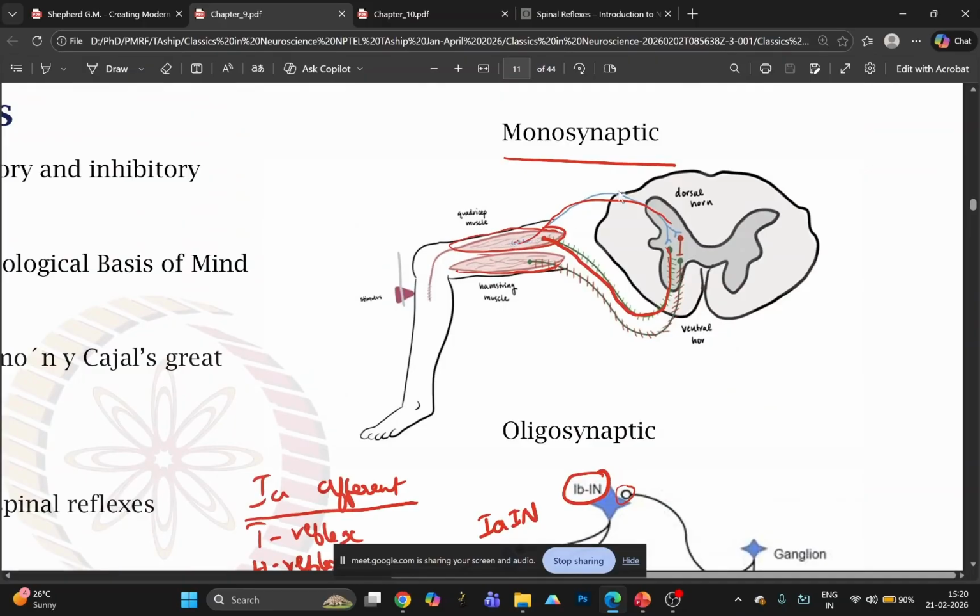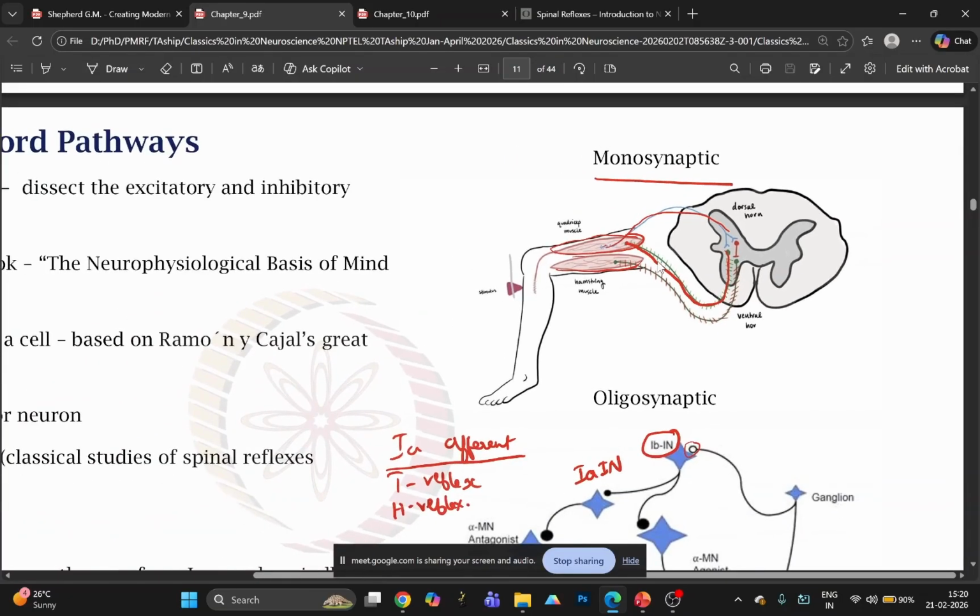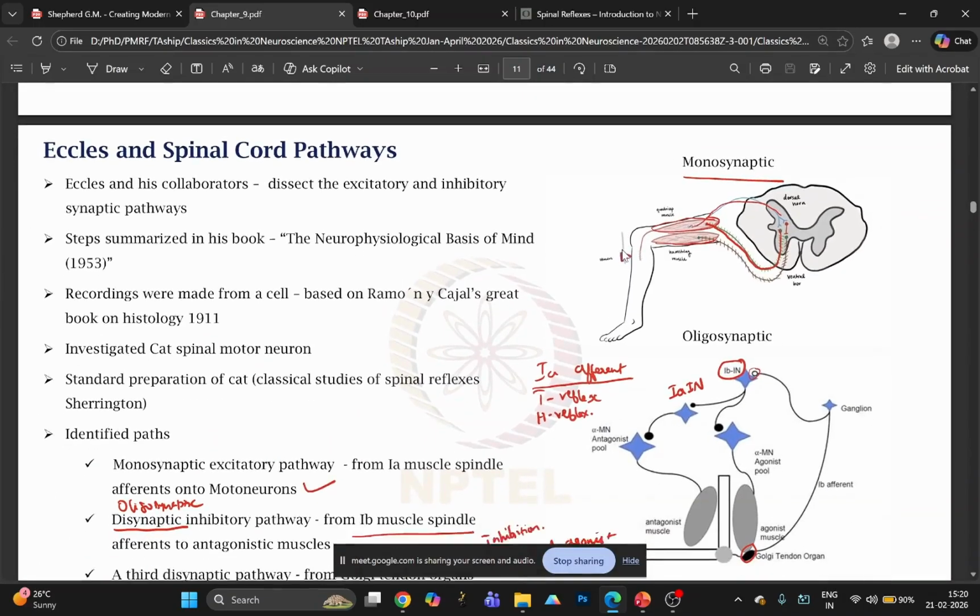In the muscle spindle in this quadriceps muscle, there are 1A sensory neurons. These 1A sensory neurons go and synapse directly with motor neurons in the spinal cord. And now these motor neurons synapse back to the quadriceps muscle.